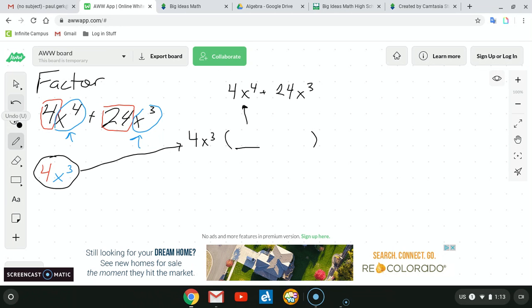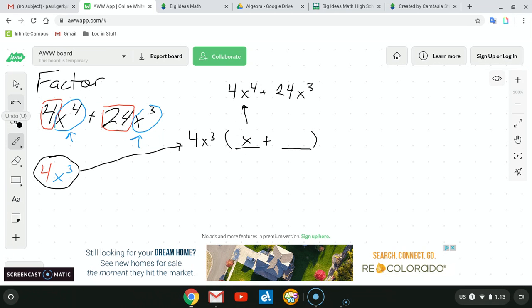And the answer is just x. So if I did the distributive property, 4x to the third times x is going to give me 4x to the fourth. So we're undoing it. We're going backwards. We found the GCF of 4x to the third, put that right there. So that means inside our parentheses, we're going to have an x plus, and we've got to figure out what goes here now.